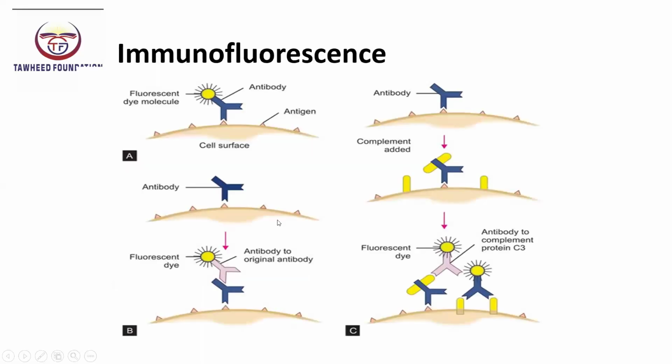This is the diagram for immunofluorescence. Immunofluorescence is a powerful laboratory technique that uses antibodies tagged with a fluorescent dye such as fluorescein to detect the presence of specific antigen in cells or tissue sections. When viewed under UV light using a fluorescent microscope, the tagged antibodies glow, indicating where the antigen is located.